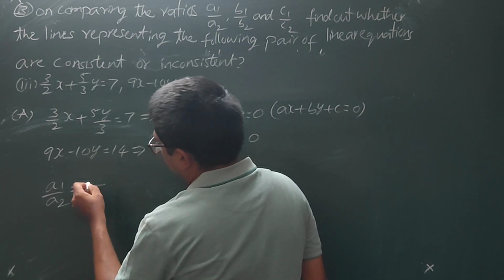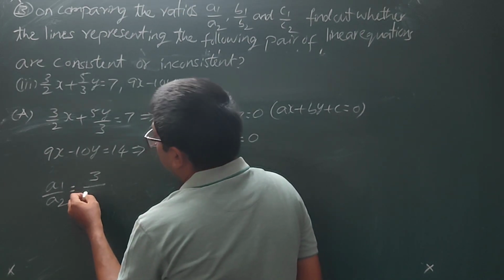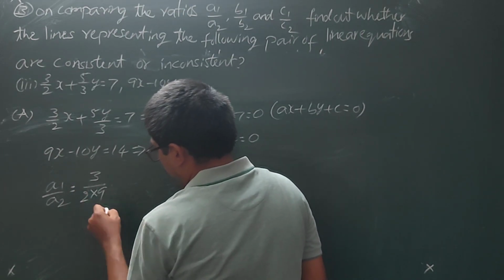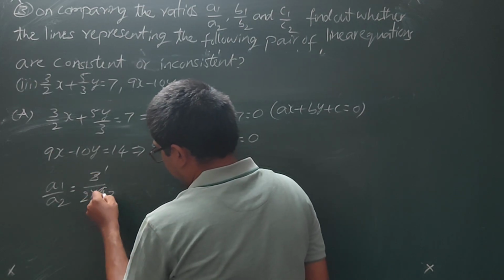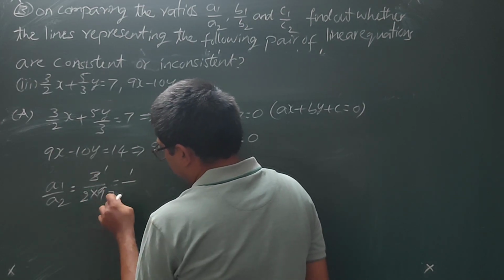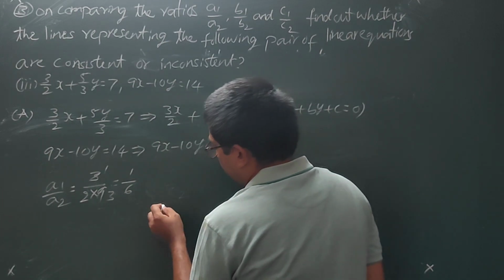So a1 by a2 equal to 3 by 2 into 9, on cancellation and simplification becomes 1 by 6.